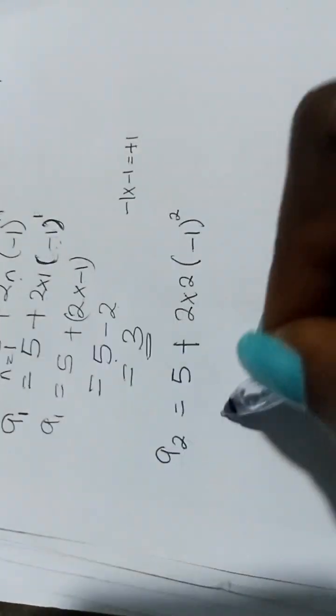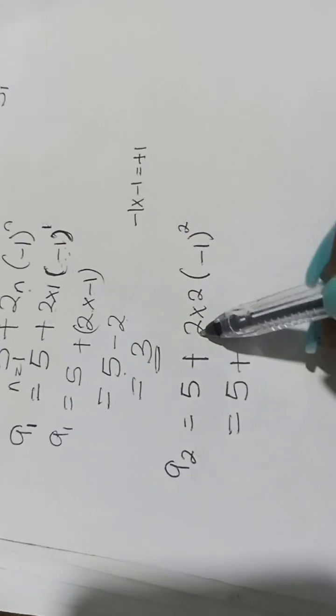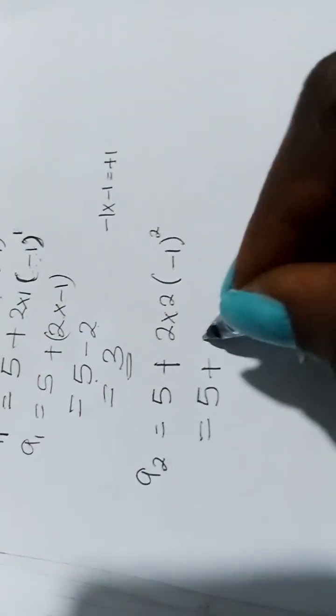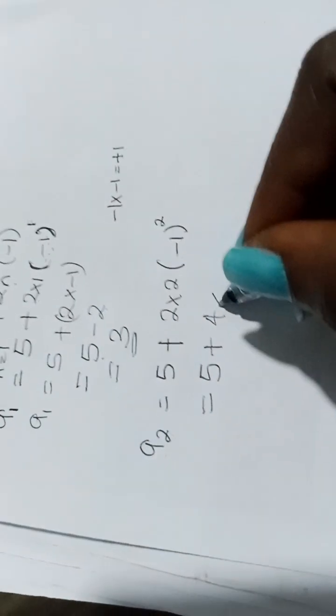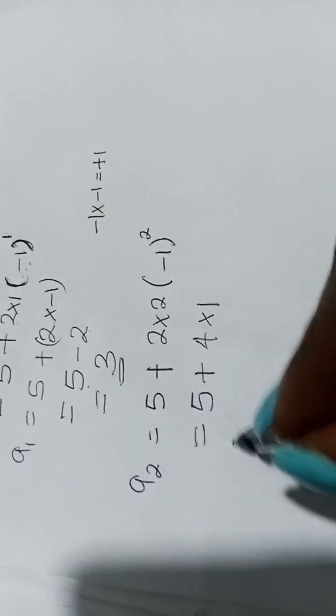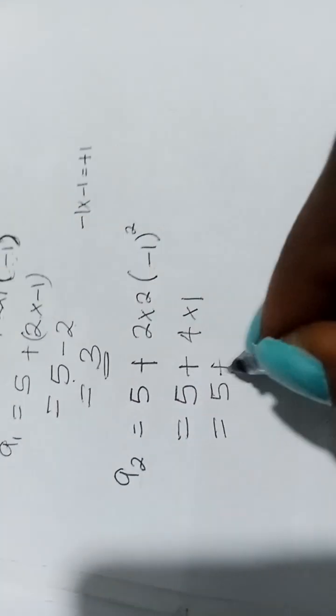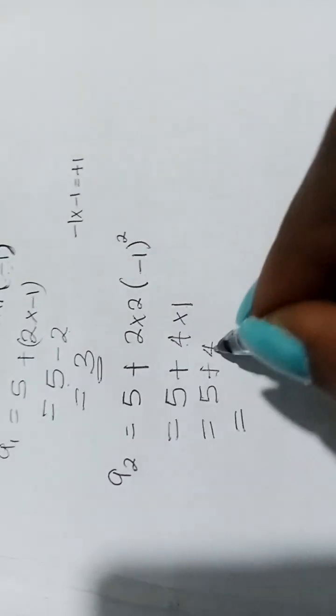So let's continue. This is going to be equal to 5 plus 2 times 2 gives us 4, and negative 1 to a power of 2 gives us 1. I just explained how it changes. So this is now going to be 5 plus 4 times 1 gives us 4, and 5 plus 4 will give us what? 9.